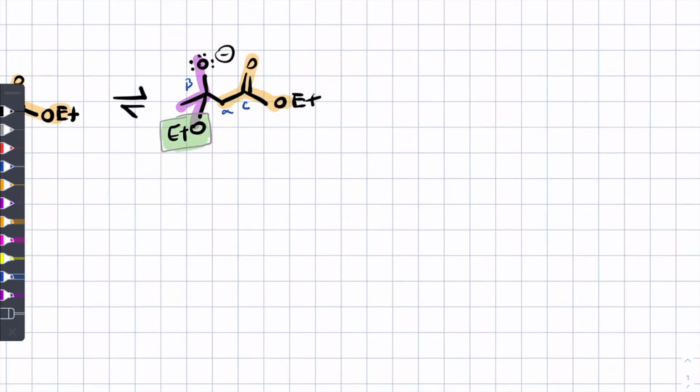negatively charged oxygen. So basically we're comparing these two groups, and we're asking the question, is it reasonable for these electrons to kick down and for ethoxide to leave? Of course, if that happened, this would be the product that we get, but ethoxide would have been the leaving group.